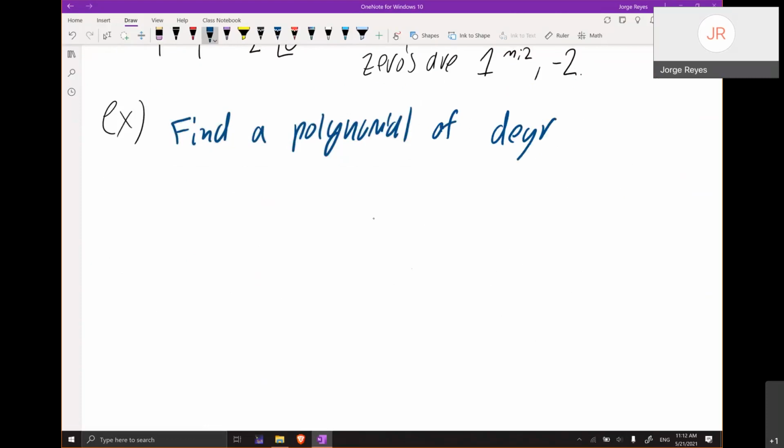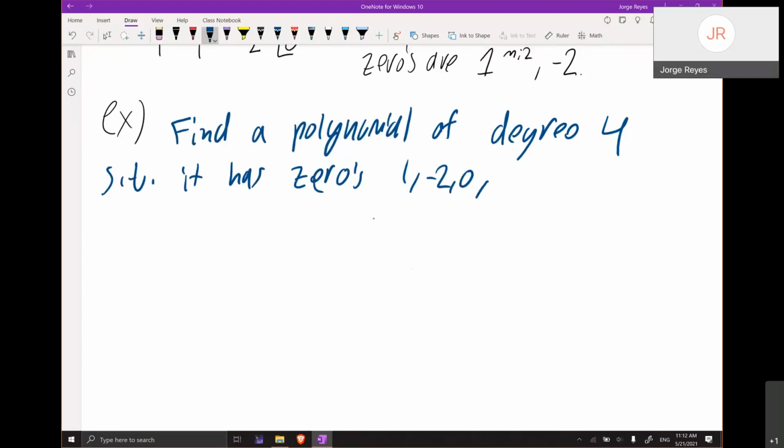So I'm going to choose degree 4, such that it has zeros 1, -2, 0, and 3.